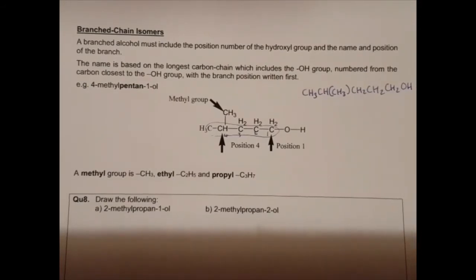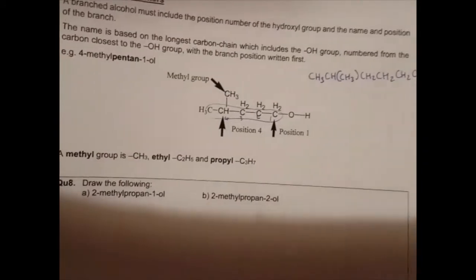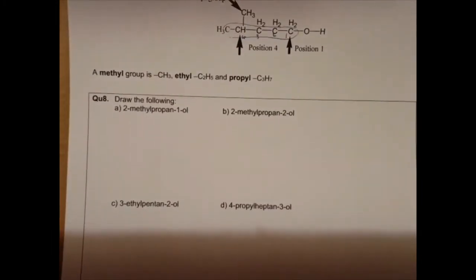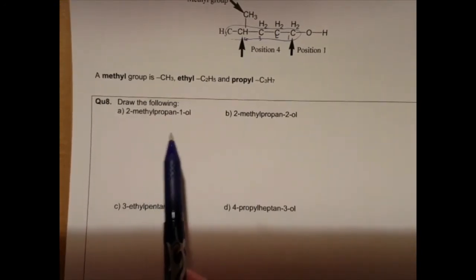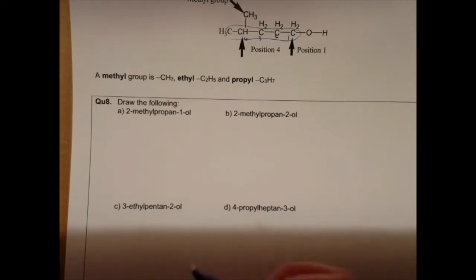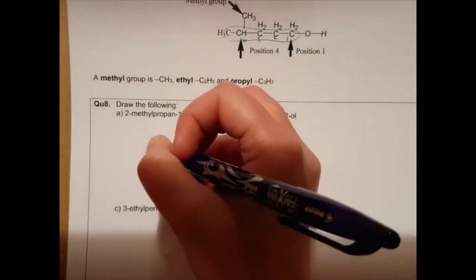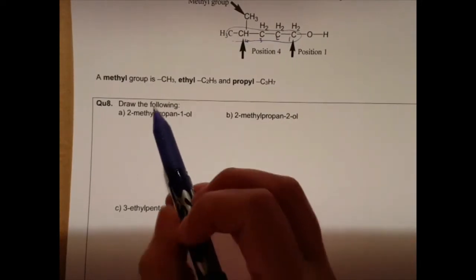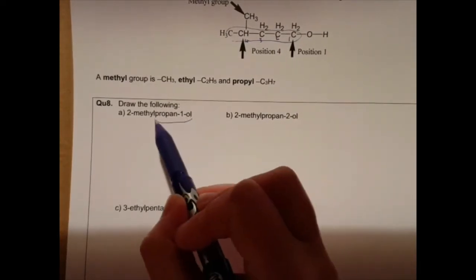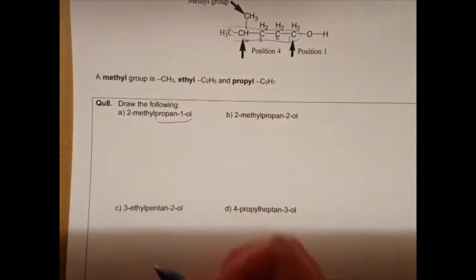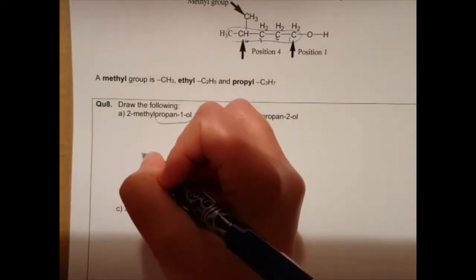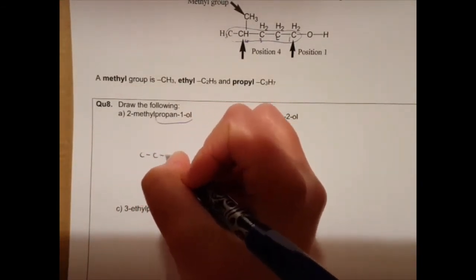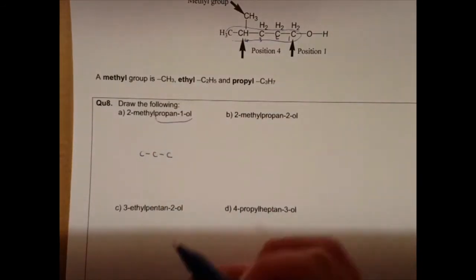Okay, so question 8 then tells you to draw the following alcohols. Again, I think you should manage this. You're just going to work backwards from the name. So 2-methyl propan-1-ol. You would start by thinking, well, how many carbons are in the main chain? So remember, the main chain is the second part of the name. Prop means there are 3 carbons, so we're going to have 3 carbons in a row.